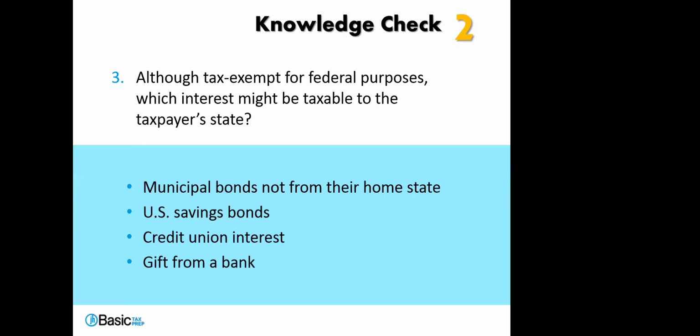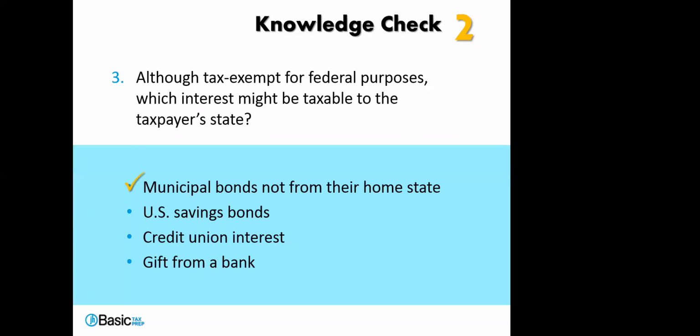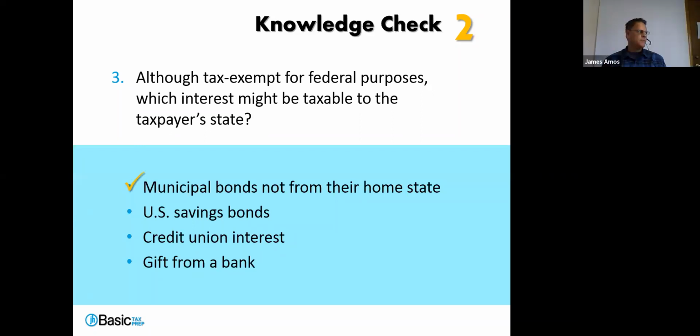Municipal bonds, not from their home state. Yes, that's right. Muni bonds. Remember, municipal bonds, we call them muni bonds for short, and we include really even other state bonds in there, state government. Okay, good job. Everybody's getting all these right.